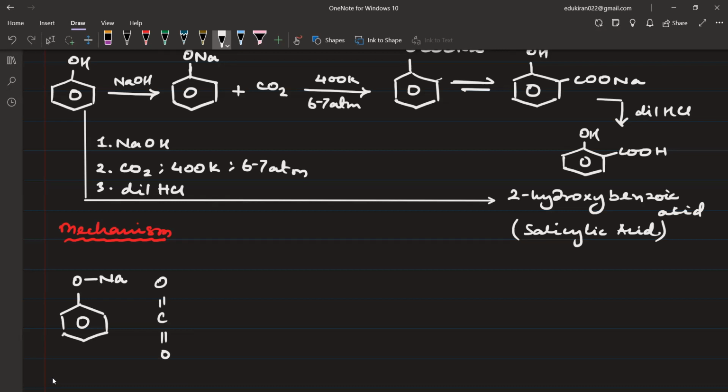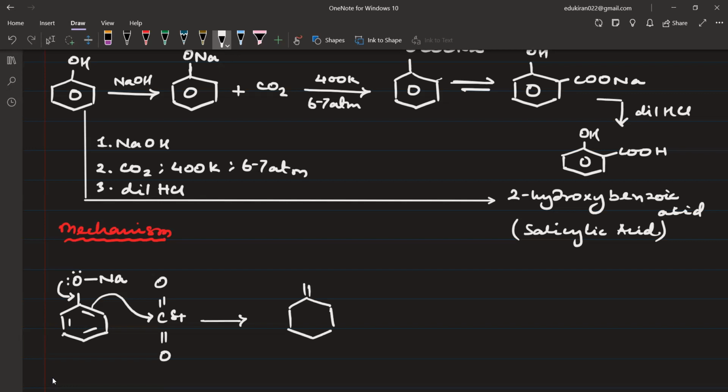It has oxygen atoms with double bonds pulling all the electrons from the carbon atom, so this is highly delta positive. The benzene ring has pi electrons, which are electron rich, so they attack this carbon atom. The oxygen's lone pair comes to rescue and makes a double bond like this. So the first step is we get a complex like this.